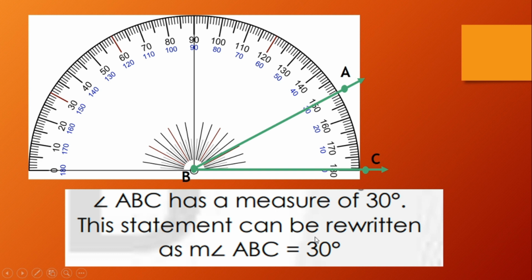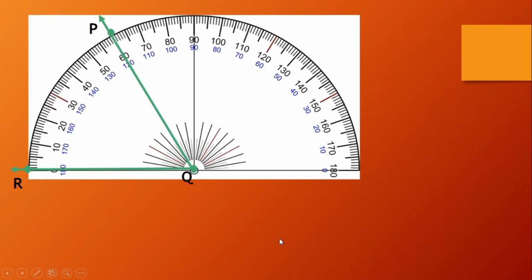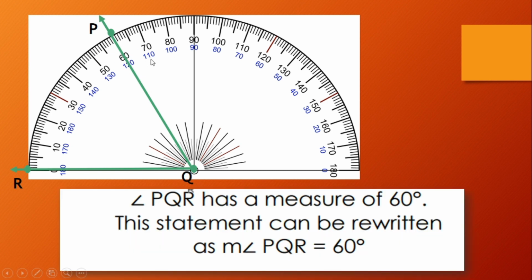Let's have another example. What about this one? Look. Our first ray fell on the zero of the black. So, meaning to say, we count from here going there. The other ray landed on 60, on the black. So, meaning to say, this angle measures 60 degrees.